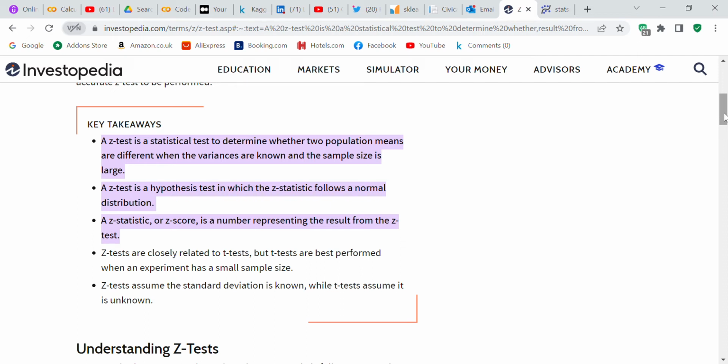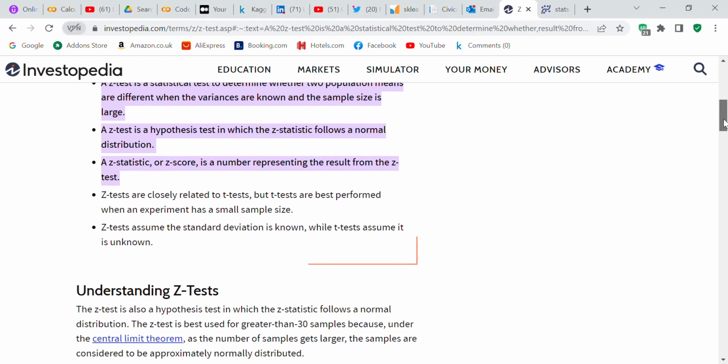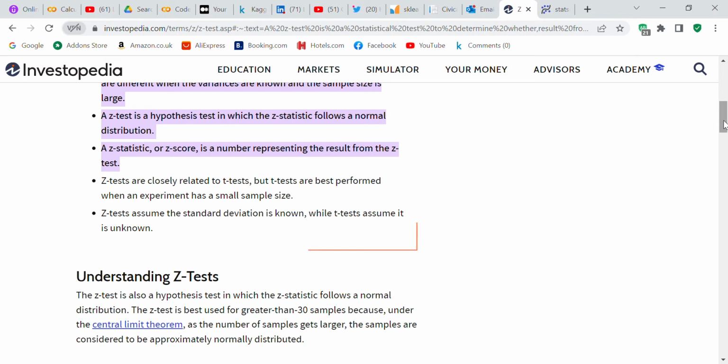A Z-test is a hypothesis test in which the Z-statistic follows a normal distribution. A Z-statistic or Z-score is a number representing the result from the Z-test. Z-tests are closely related to t-tests, but t-tests are best performed when an experiment has a small sample size.